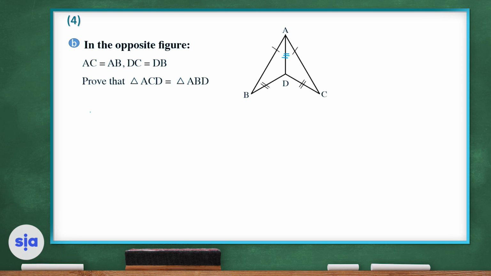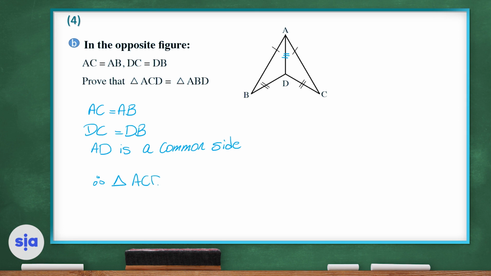As long as AC is equal to AB and DC is equal to DB as given, and as we said that AD is a common side, therefore triangles ACD and ABD are congruent to each other.